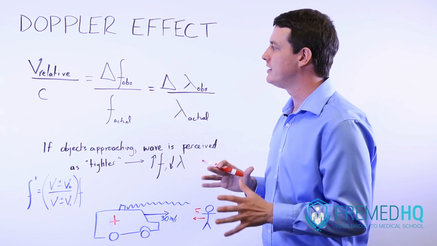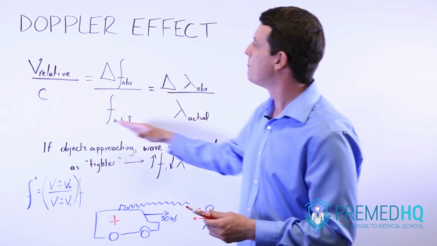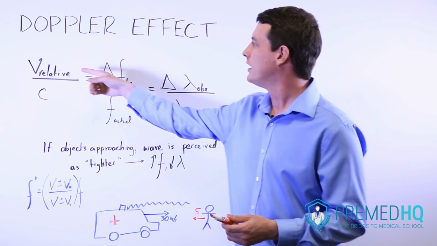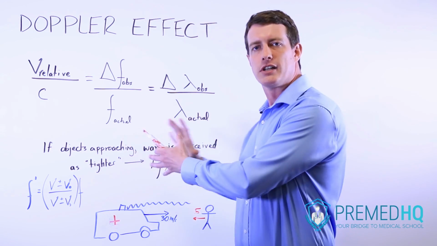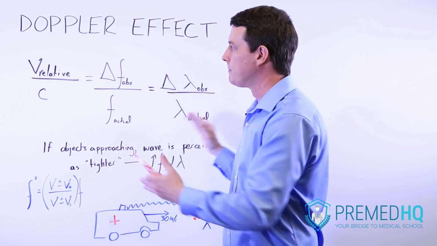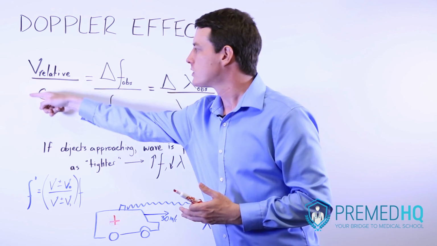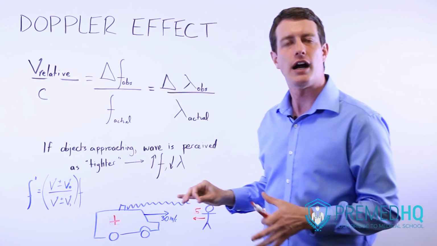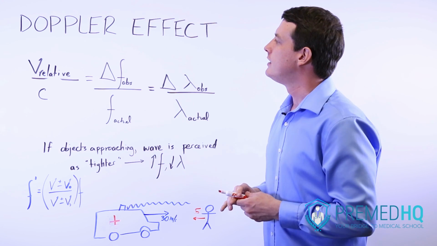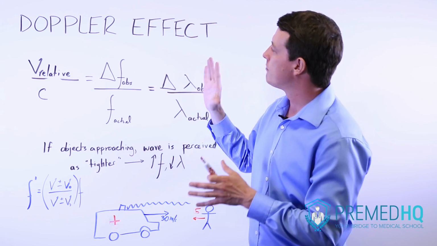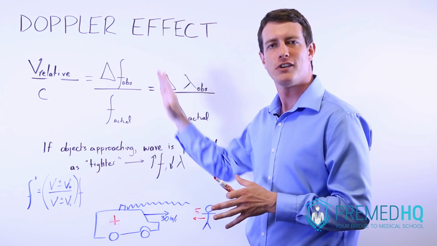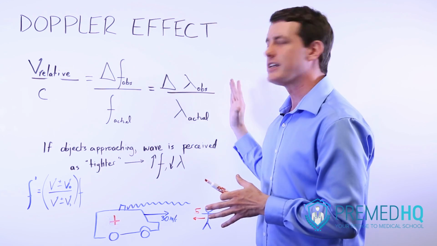But the bottom line is, with the Doppler effect, remember the relative velocity of the two objects, whether moving together or away from each other. If you divide that by the speed that the wave naturally travels, like 343, then that will give you the proportion of change you observe in the frequency and in the wavelength.